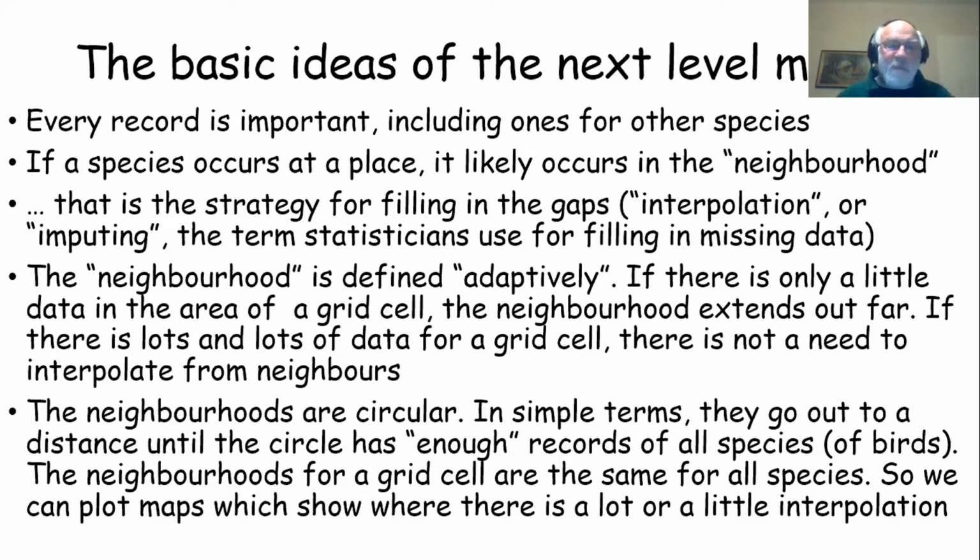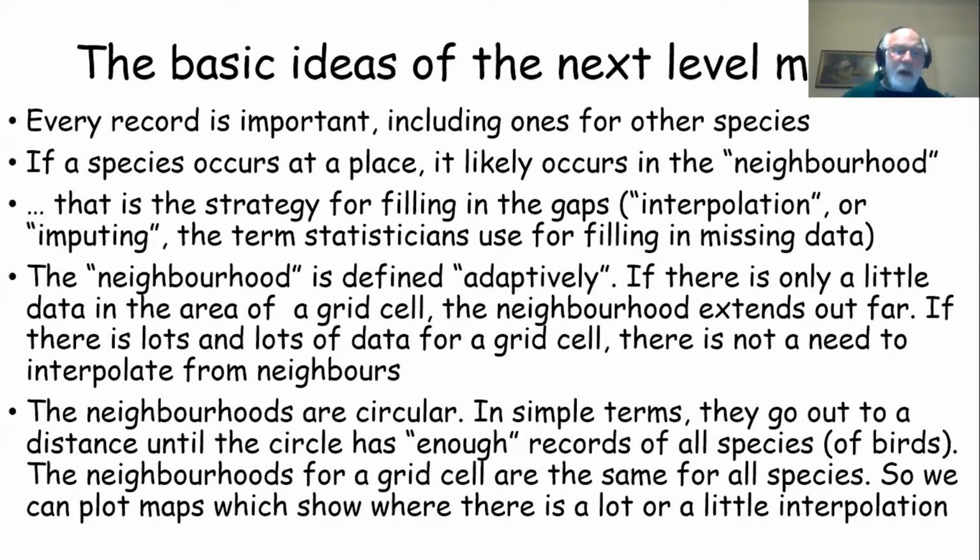So the strategy for filling in the gaps, interpolation, and statisticians use the word imputing for filling in gaps in data, depends on the idea that the species occurs in the neighbourhoods of places where it actually has been recorded in the past.